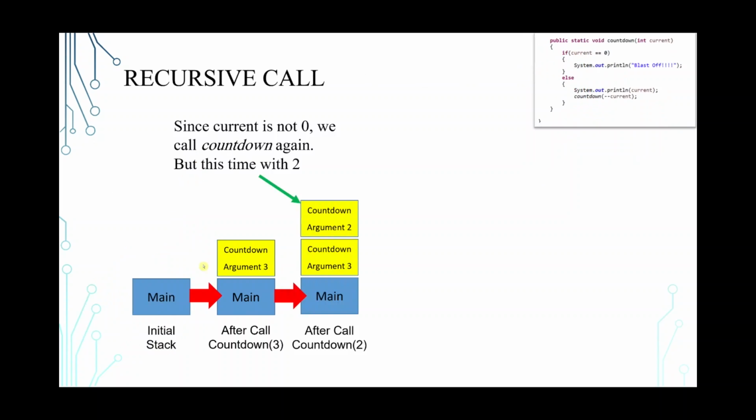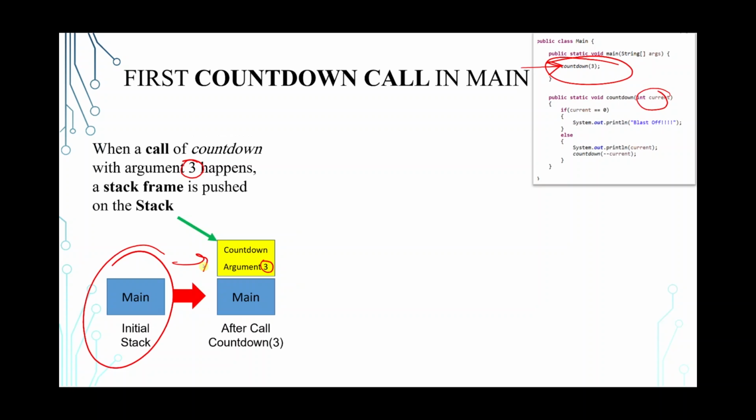The next thing is when we go inside, we check the current, and current is 3. So is 3 equal to 0? No. So we do the else. We print 3 on the screen and call the function again with the decremented value.